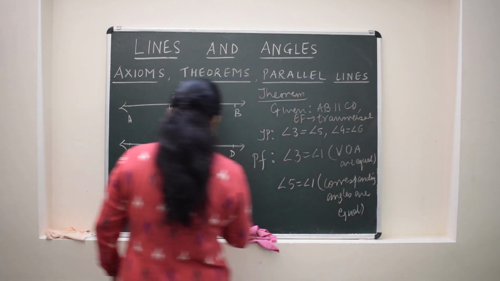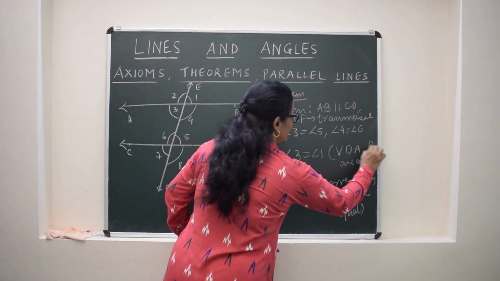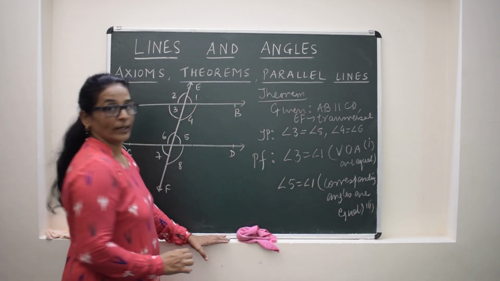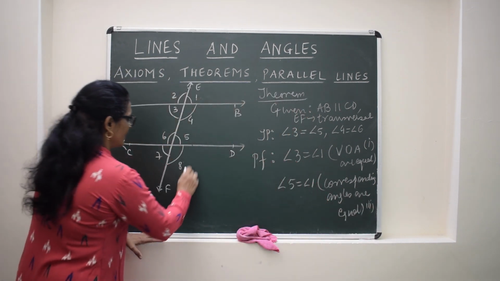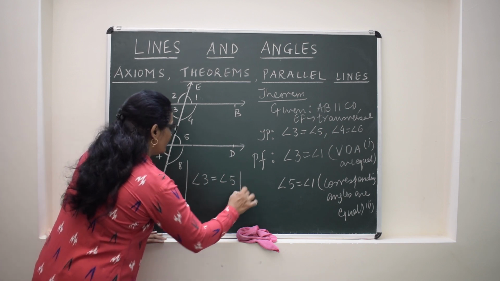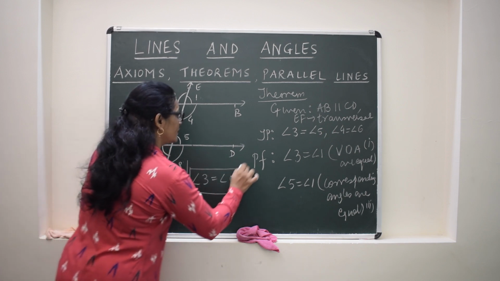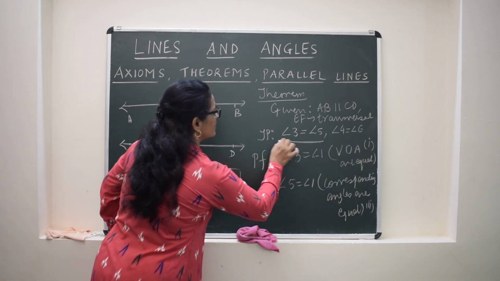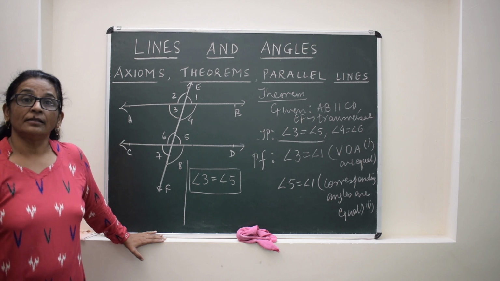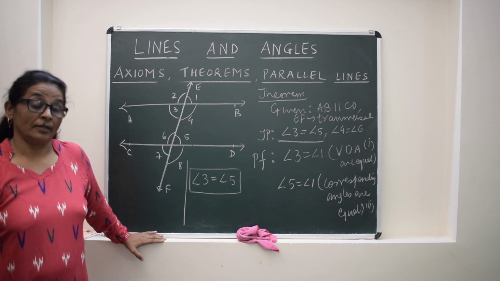So on comparing, you can name it, this is 1 and this is 2. So on comparing 1 and 2, we can say angle 3 is equal to angle 5. This only we wanted, that if the lines are parallel, the interior alternate angles will be equal.